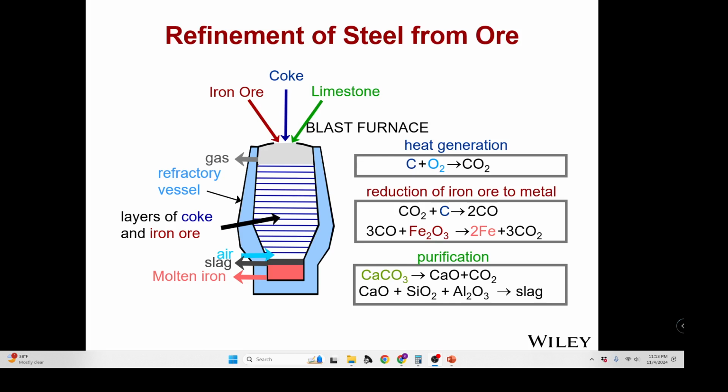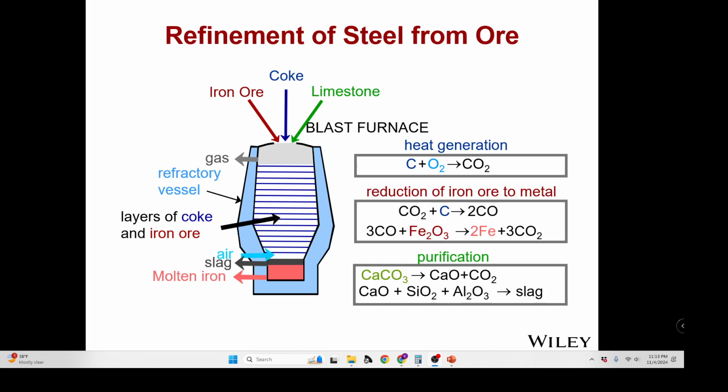So the heat generation takes carbon and oxygen, forms CO2. The iron ore, starting at CO2 and carbon, go to carbon monoxide, and the iron oxide becomes iron and CO2.